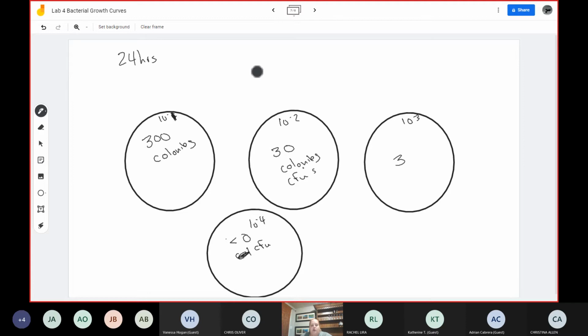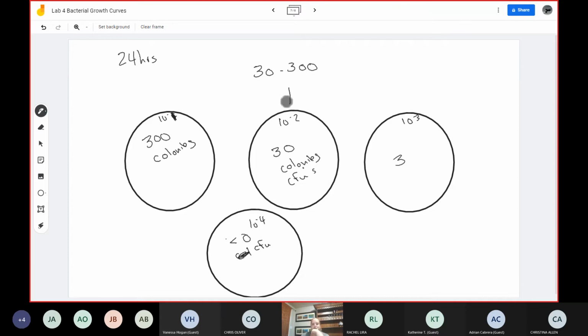So the optimal range for colony growth is going to be between 30 and 300 for the best range to count in. So if you're asked to pick the best plate to count, you want a plate that is hopefully within this range to be most statistically correct.